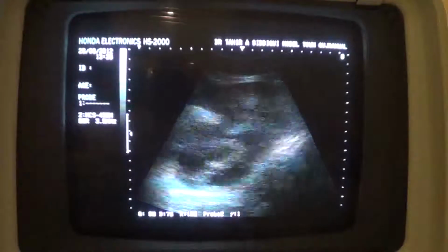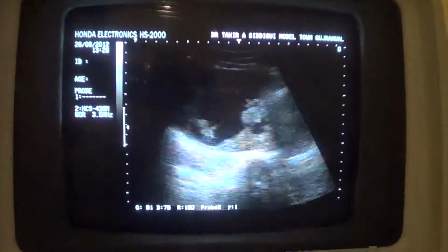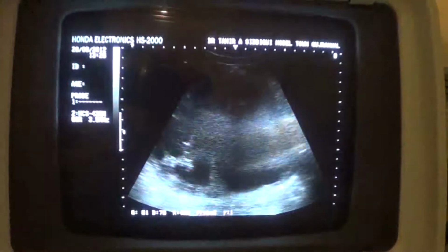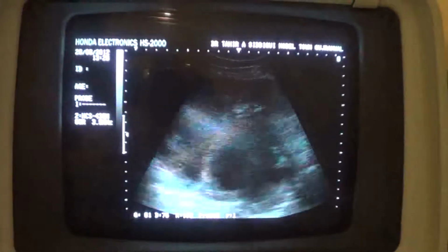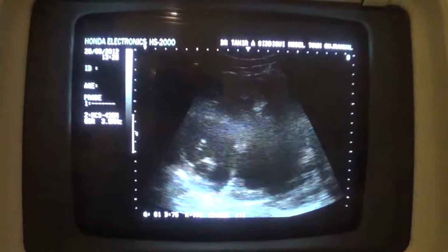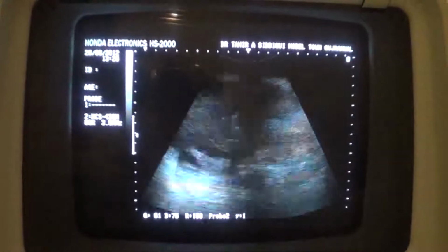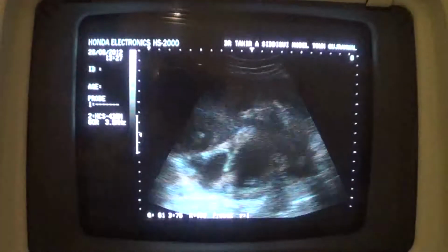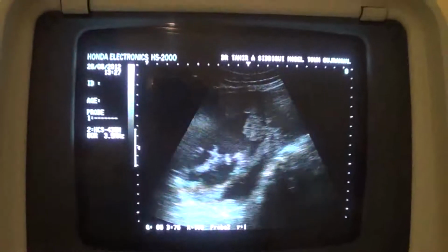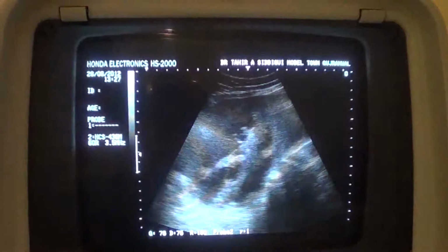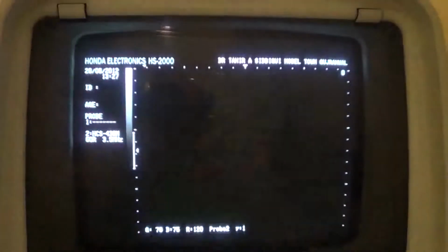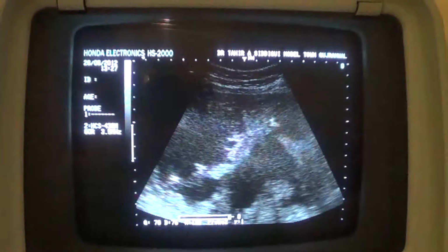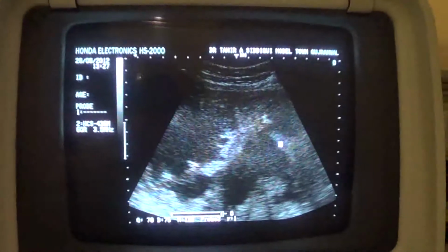A lot of debris seen within it. This is all debris, that sand-like area that you are seeing within the cyst. In a cyst, it's not unusual to see reverberation artifacts. In this case, I am not so far seeing them. However, you see this area is not clear.